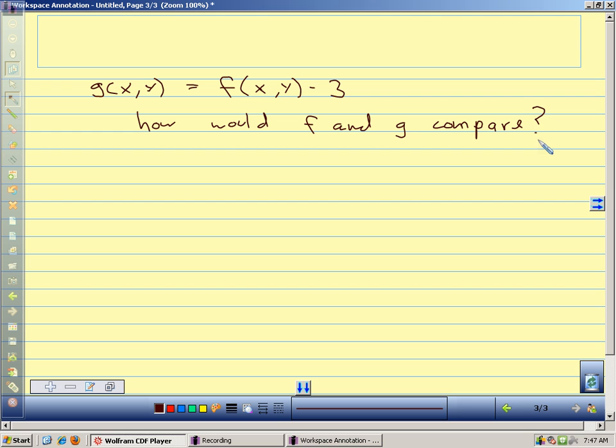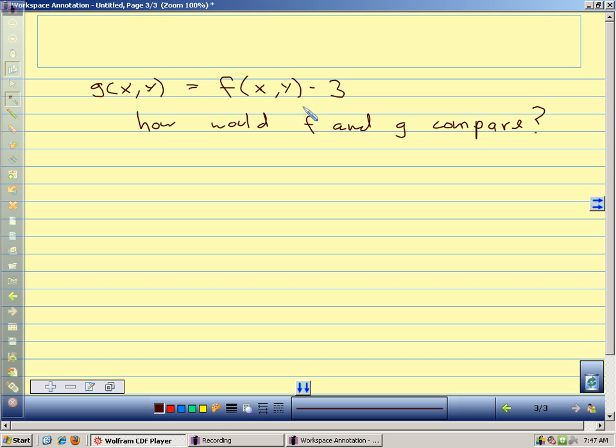How would they be shifted? Remember we think of g or f as the z value. So our function value is like the z. So how would g be shifted from f? Down. So g would be shifted down 3 from f.